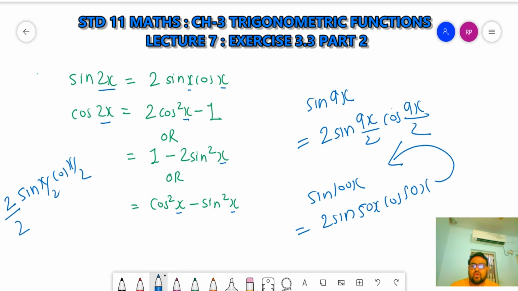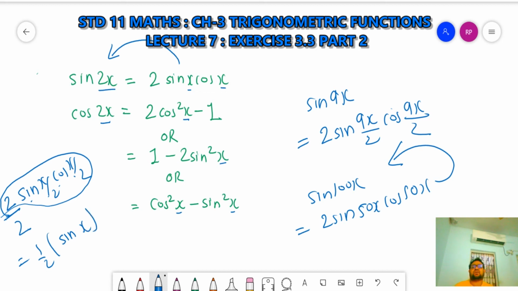Multiply by 2, divide by 2. So now 2 sine x by 2 cos x by 2, we will use in the formula like this way. 1 by 2 as it is, 2 sine x by 2 cos x by 2. When I am using reverse, I need to double the angle. So it will be sine of x by 2 into 2, x. So this is half sine x. Clear? So just note down these formulas.